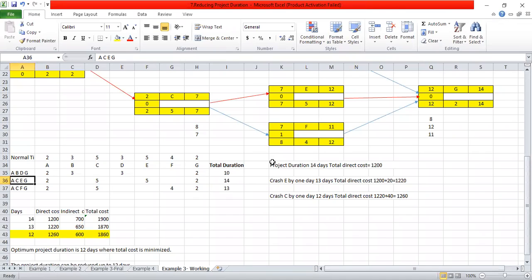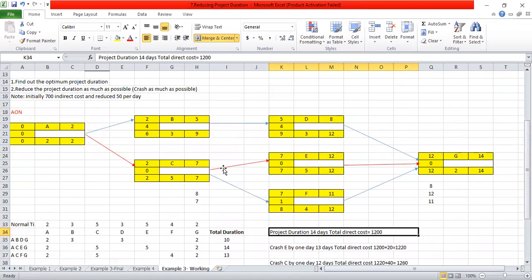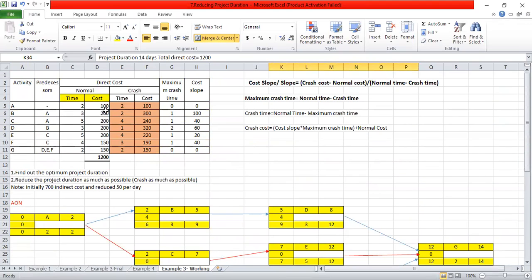So I will write down the project duration is 40 days and the total cost. When we have the 40 days project duration, you have to calculate the total cost. For that calculation, you have to take the summation of these normal costs.